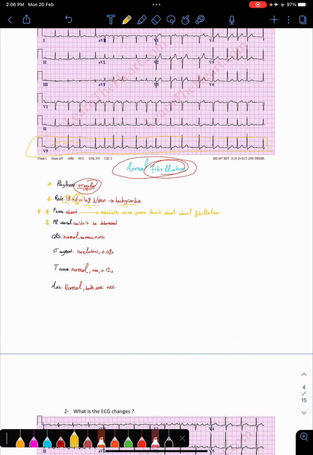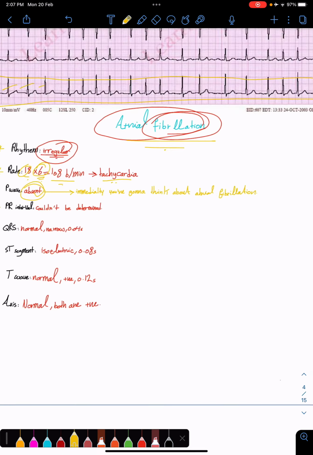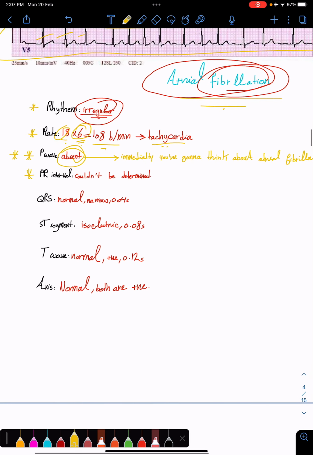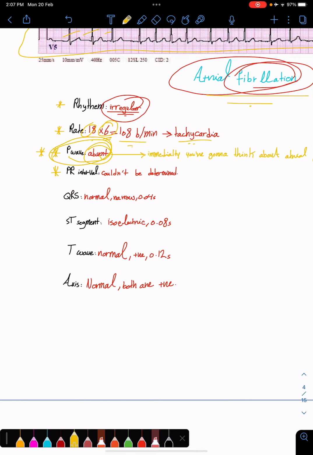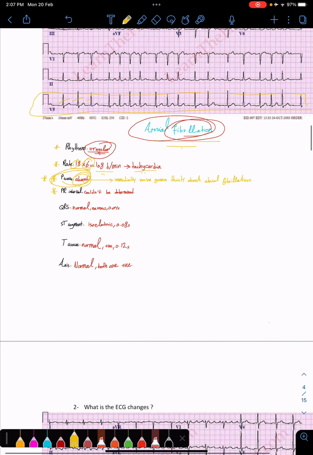What about the P wave? It's going to be absent. Why do we say it's going to be absent? Because we have a problem in the atrium, so it is beating so fast. So that's why it is absent. Once you see the P wave absent, it is an indication that there's a problem in the atrium.